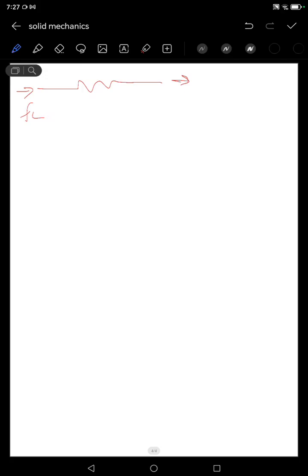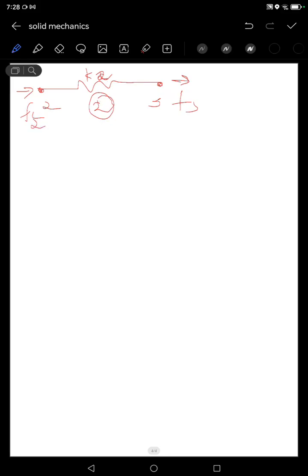We have F2 and then F3. We have node 2 and another node 3, and then K2, which is element 2.